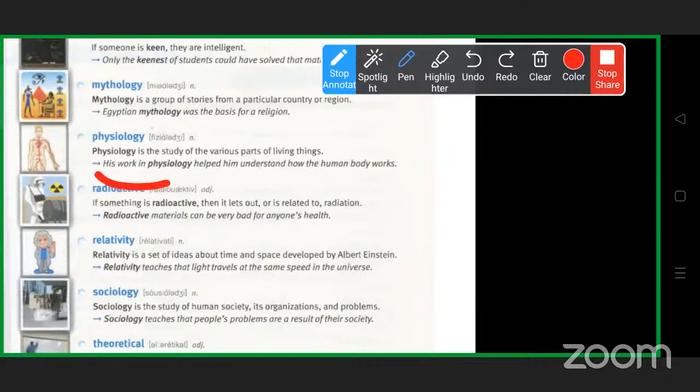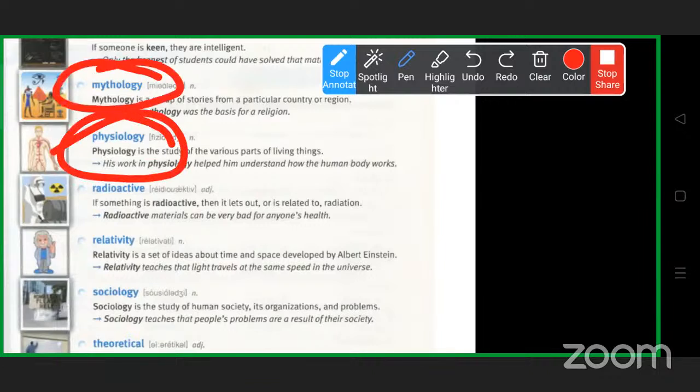That would be the study of the limbs, the study of veins and all that stuff. His work in physiology helped him understand how the human body works.